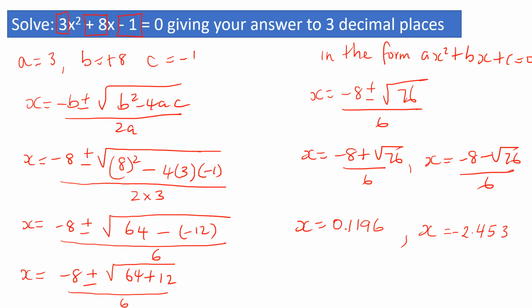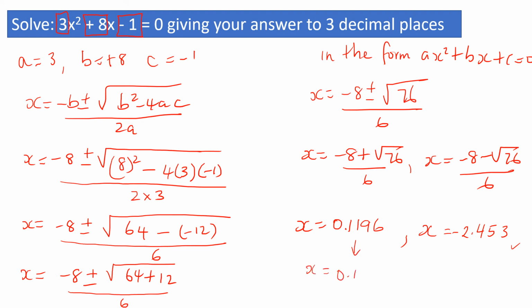So we said 3 decimal places, so 3 numbers after the decimal point. Here we have, yes, this will be correct, negative 2.453, 3 numbers after the decimal point. But here we have 0.1196.